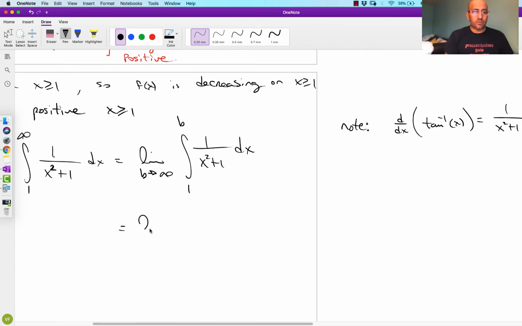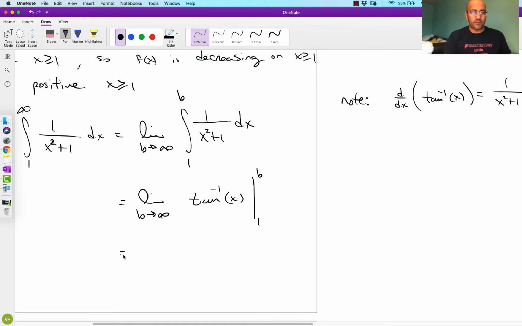So this is equal to the limit as b goes to infinity of tan inverse of x as this ranges from 1 to b. And so then this becomes the limit as b goes to infinity of tan inverse of b minus tan inverse of 1.